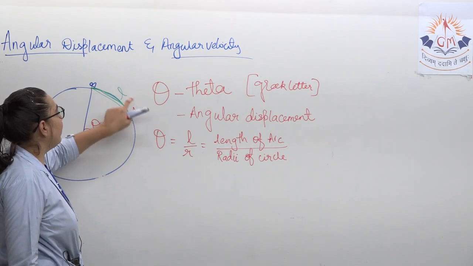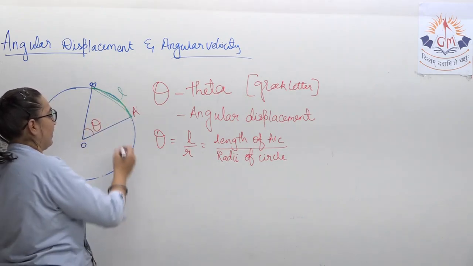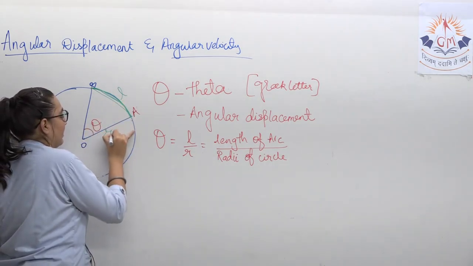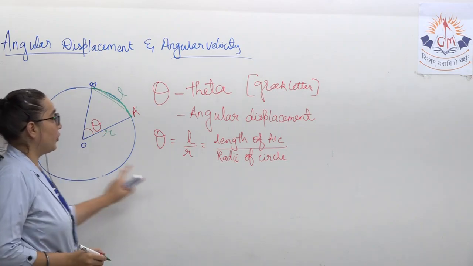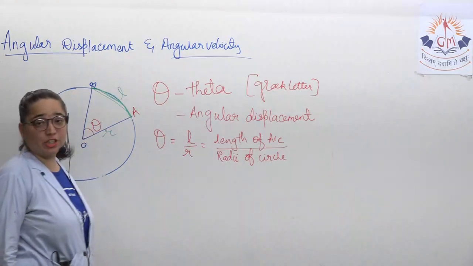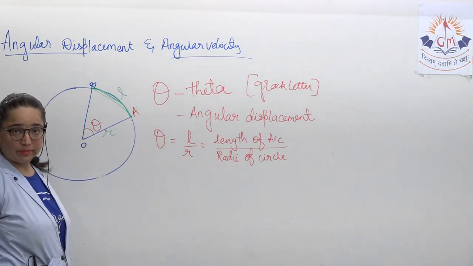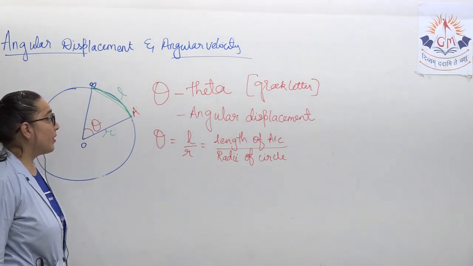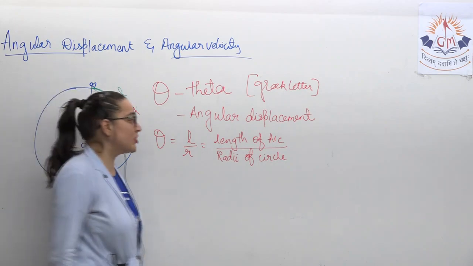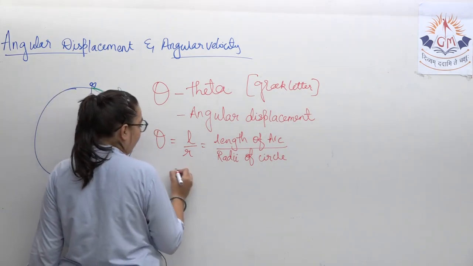So, the length of the arc divided by the radius of the circle, which is represented by r. When you divide, you get a new term, that is theta. Because it is an angle, it is generally measured in radian.